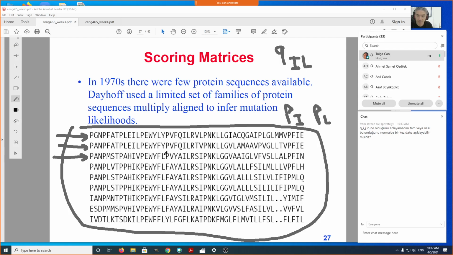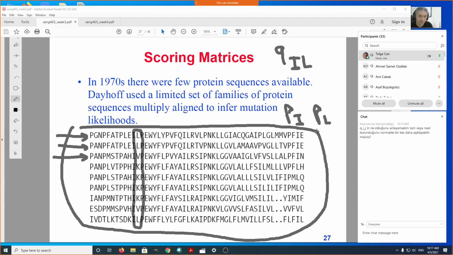So in nature, for example, L is substituted with V. In the same protein sequence, L is changed to V, and L is changed to K. Focusing on a single column here, all pairs of amino acids in this column tell you how many times they appear together.